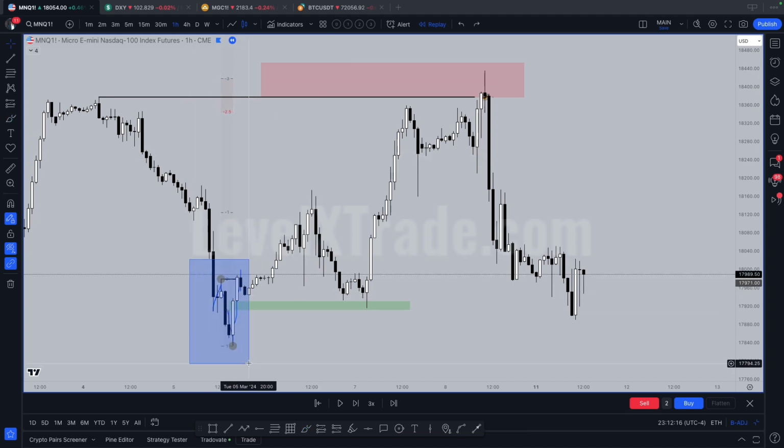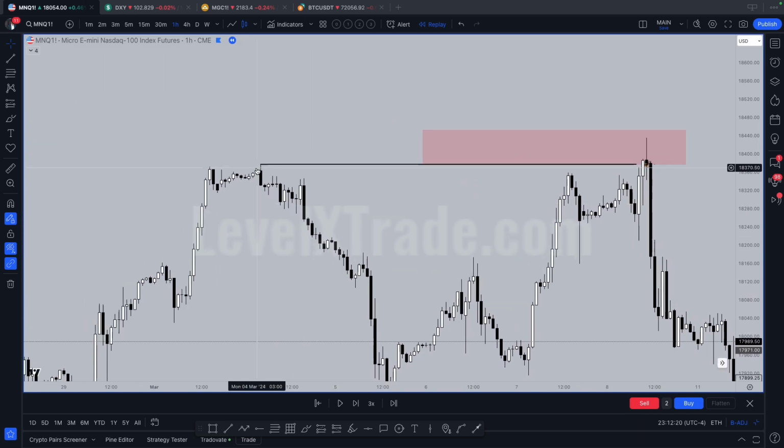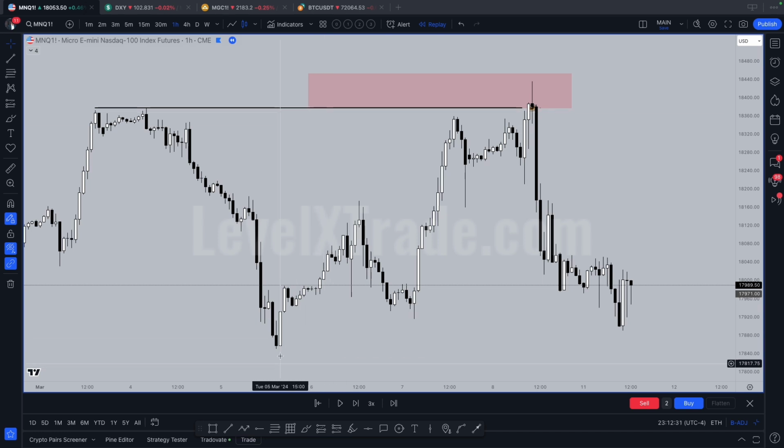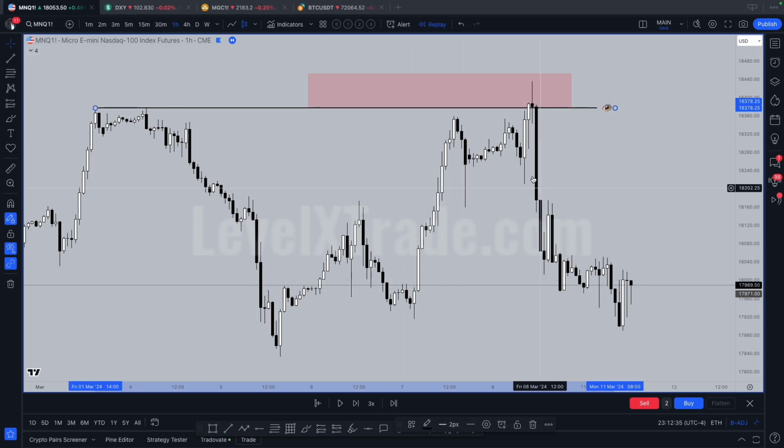Again, it's not something to be used alone, but used with, okay, we've got a pool of liquidity here, an old high that the price is most likely going to gravitate towards. So now I've got the standard deviation, and this is an additional tool that I can use to give me extra confidence that I can possibly hold the trade all the way to this high.